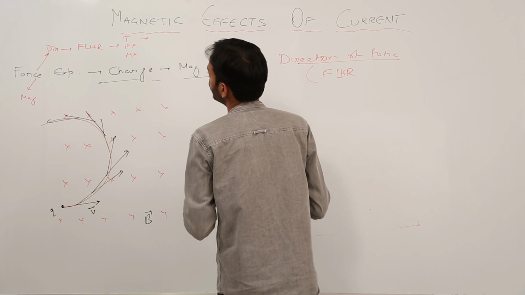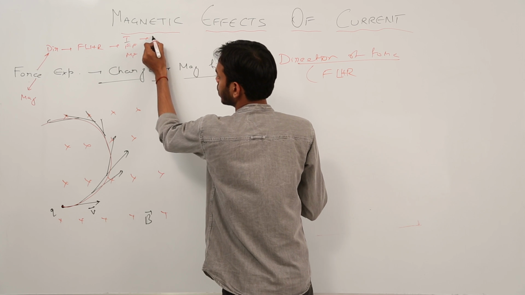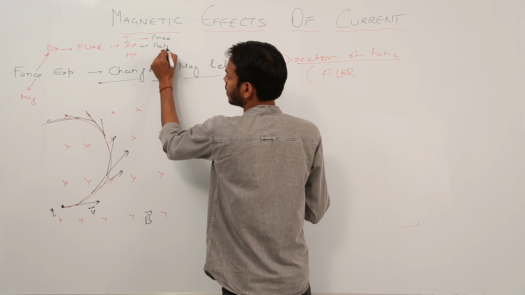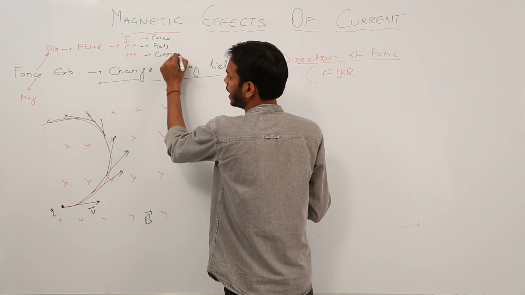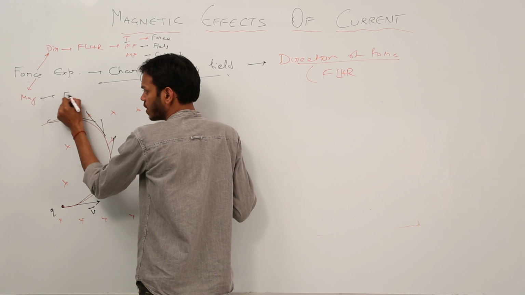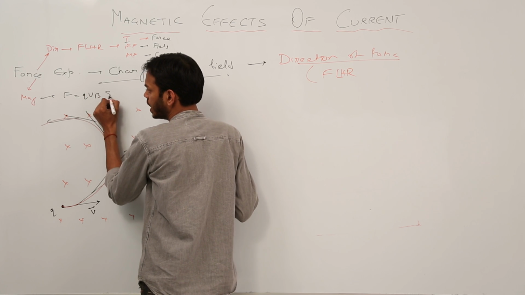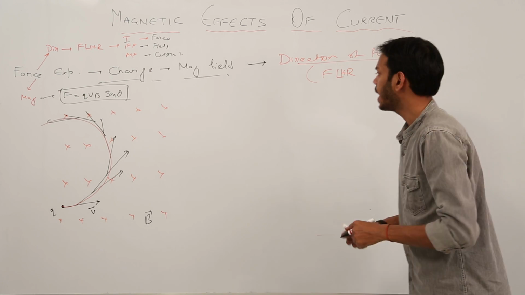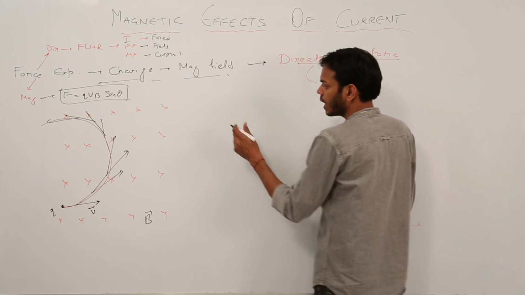First thumb gives you the direction of force, first finger field, middle finger current. Magnitude is given by F is equal to QVB sin theta. Till here it's very simple, and next part is even simpler.